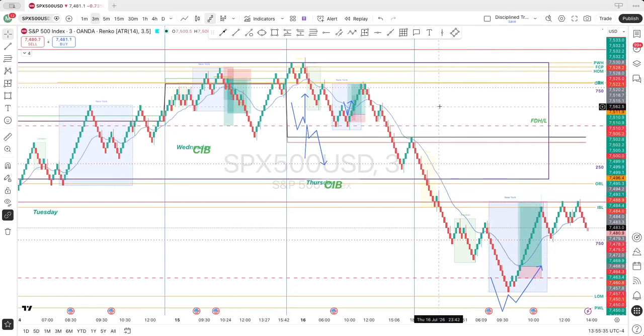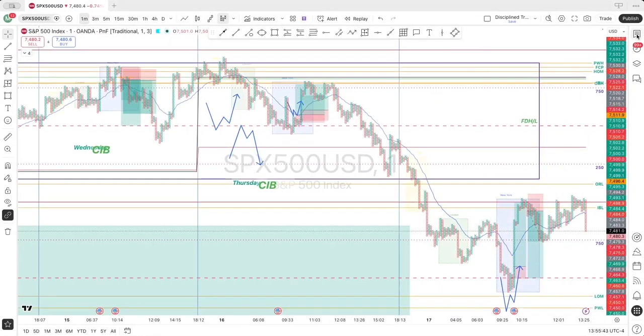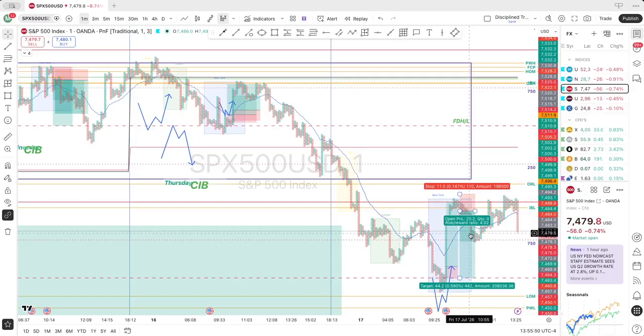Okay, let's go to U30. As far as the other setup, oh, okay, I forgot. Yeah, this I just wanted to show. It was 10:30ish, I think, or something.